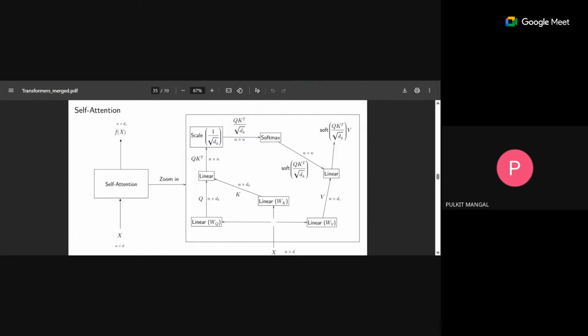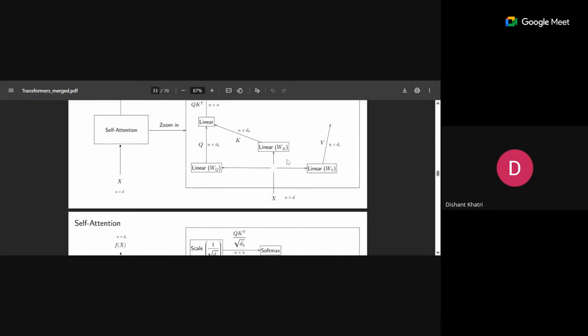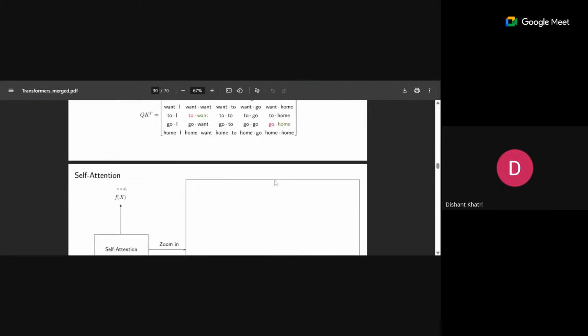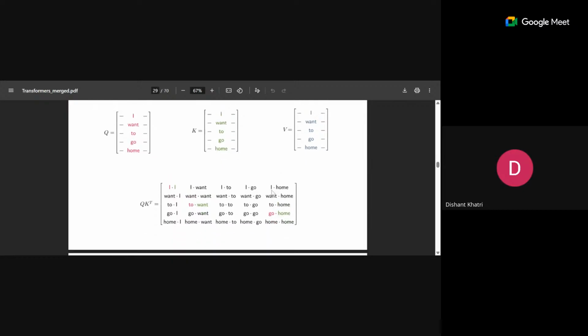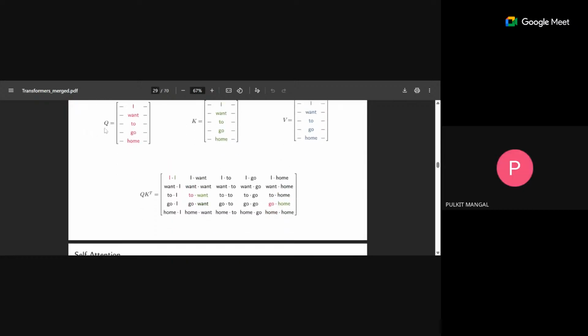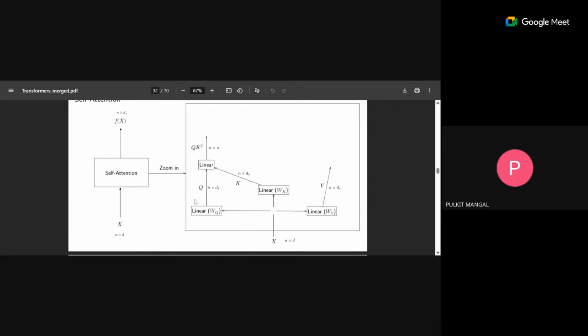But before, a few slides up, we were also calculating the same dot product. Yes, this Q that you are seeing here is obtained by the product of WQ and X. So it is also learned, it's not fixed.